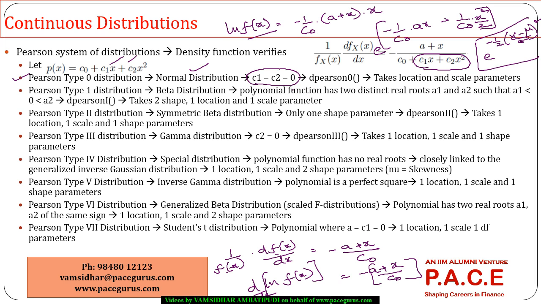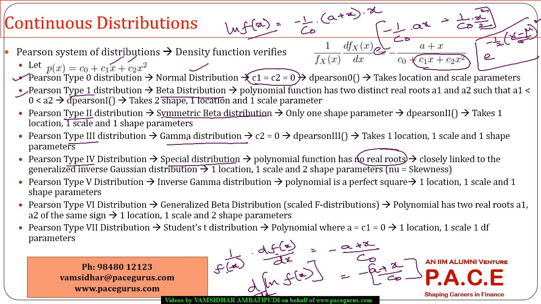So like that, we have different types of distribution. Type 1 is a beta distribution. Type 2 is called a symmetric beta distribution. Type 3 is called gamma. Type 4 is a special distribution where the polynomial function does not have any real roots, whereas in the case of beta distribution, we are talking about one location, one scale.